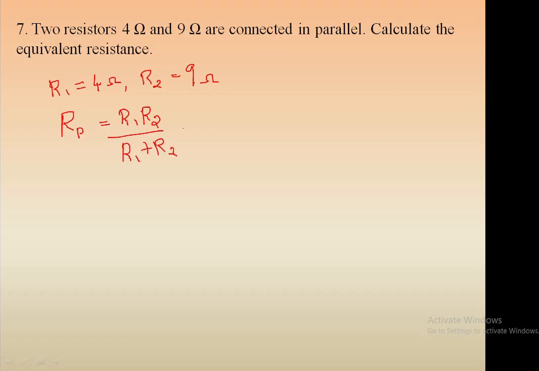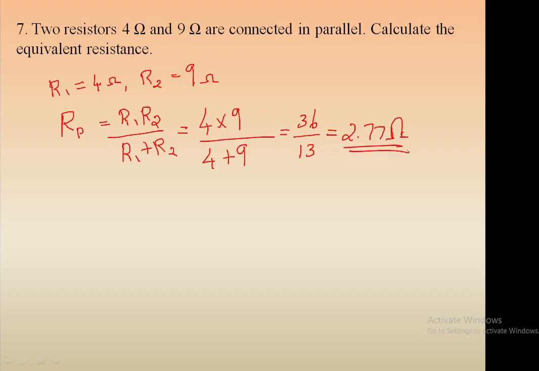Let us substitute, that is 4 into 9 divided by 4 plus 9, that is 36 divided by 13. So the value is equal to 2.77 ohm. That is the effective resistance.